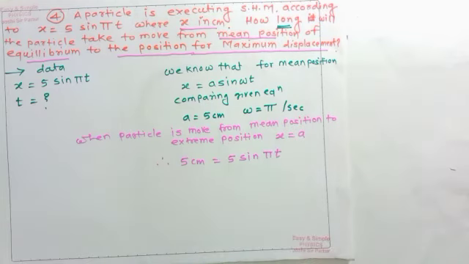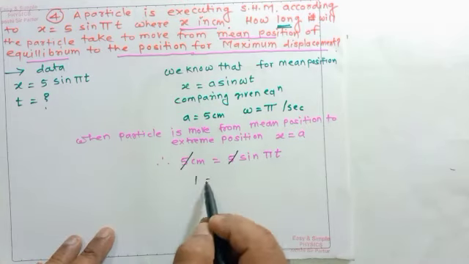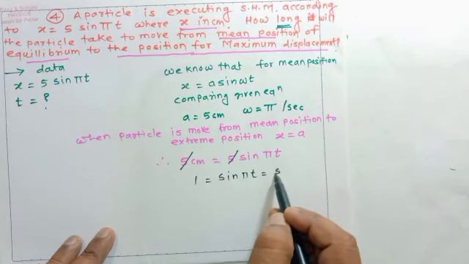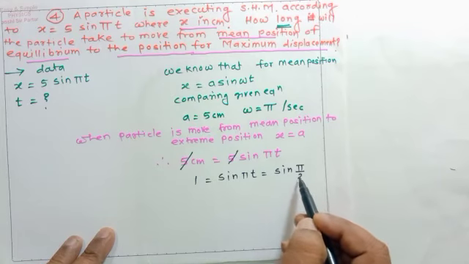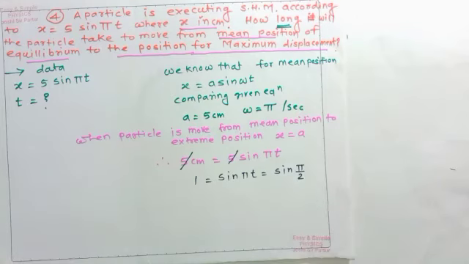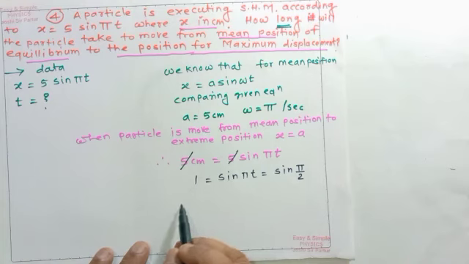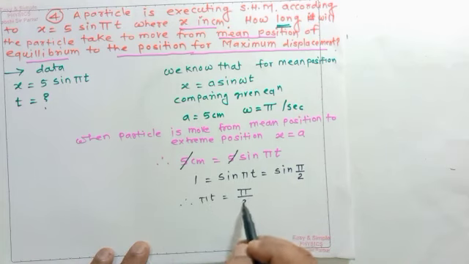So what happened? First of all 5 gets cancelled. So 1 is equal to sin of pi t, and we know that sin of pi by 2 is 1. By comparing the sine angle, we can write pi t is equal to pi upon 2.